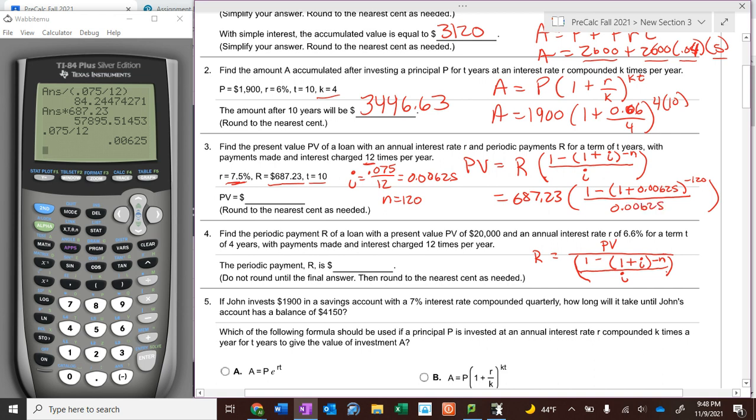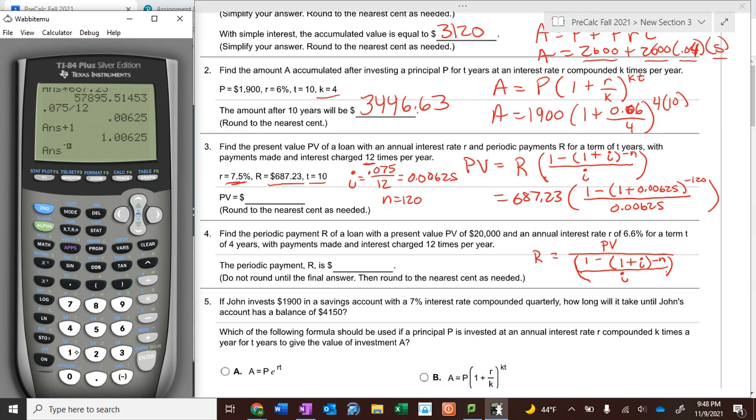We're going to take it on the calculator and work from the inside out. I'm going to add the 1 to the 0.00625, and raise it to the negative 120th power. That's that part up here.